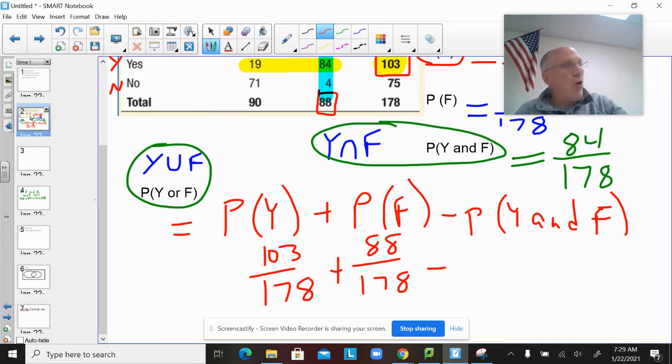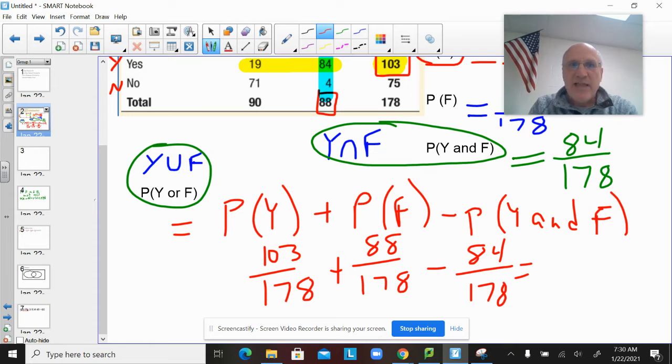We're subtracting the overlap to not double count it. In this case, the overlap is 84 out of 178. So if I do 103 plus 88 minus 84, I get 107 out of 178.